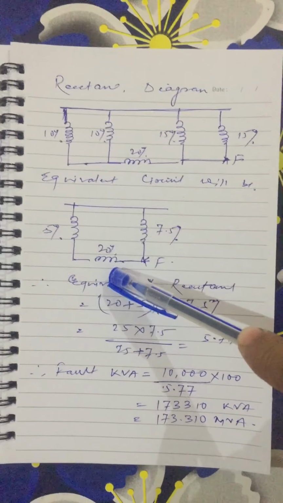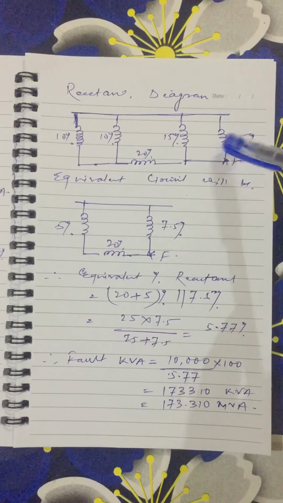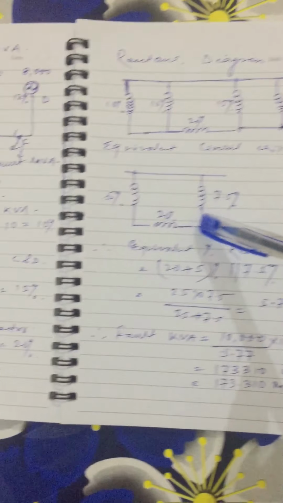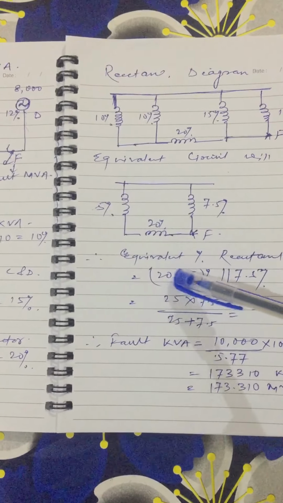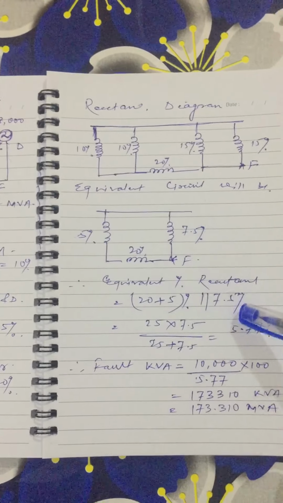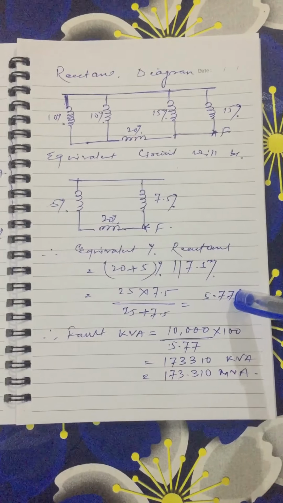This is 20%, and this 15% and 15% are in parallel with each other, so it will come as 7.5%. Now we have the fault here. This 5% and 20% will be in series, so that is 20 plus 5, and it will be in parallel with 7.5%. So the equivalent percentage reactance will come as 5.77%.